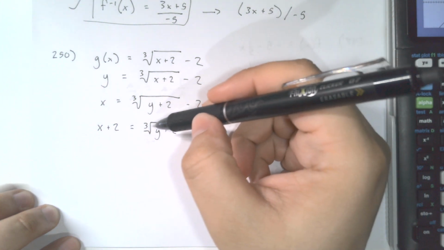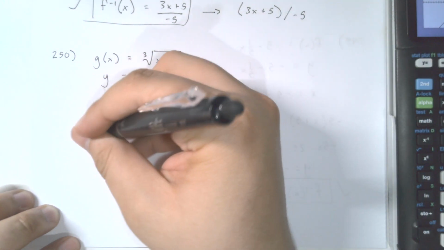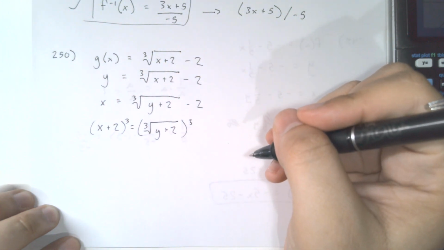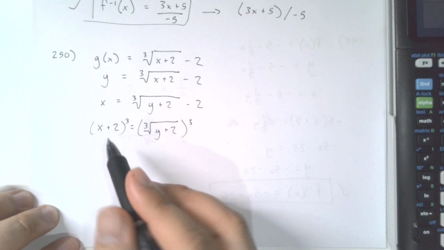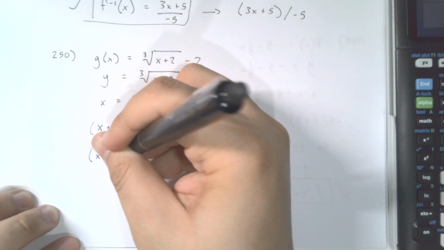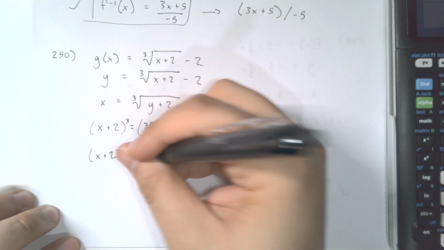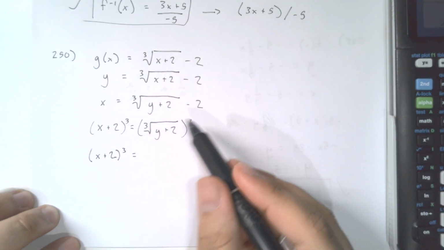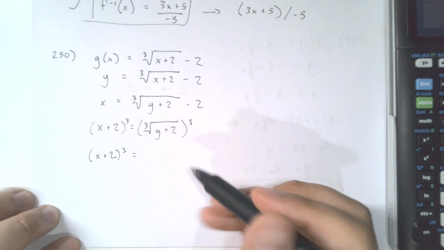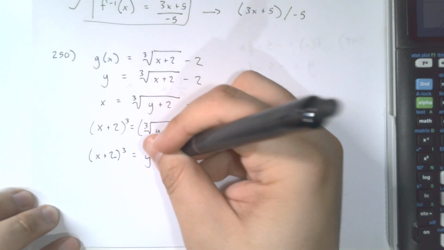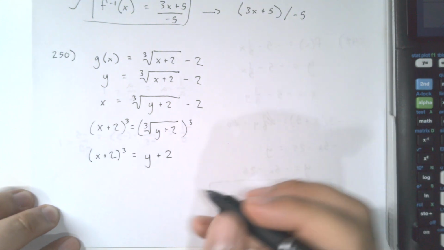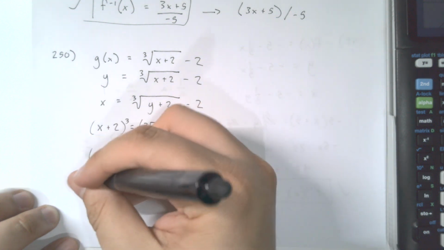And now to undo a cube root, we cube both sides. So we don't need to expand this out. We can just leave it as x plus 2 cubed. However, since we cubed a cube root, all we're left with is what is inside the root symbol. So we have y plus 2. And now the only thing we need to do is subtract 2 from both sides.